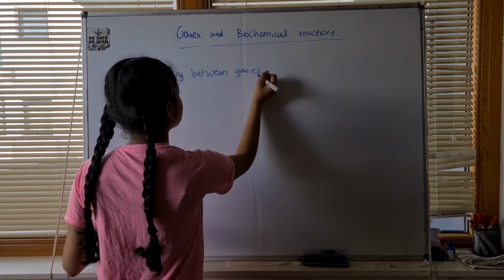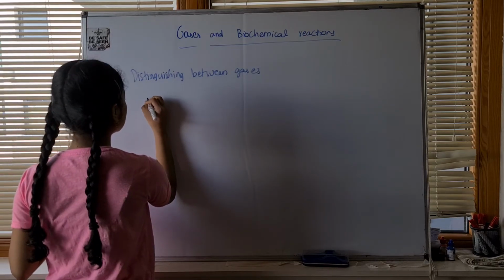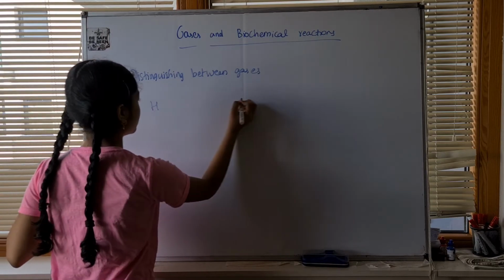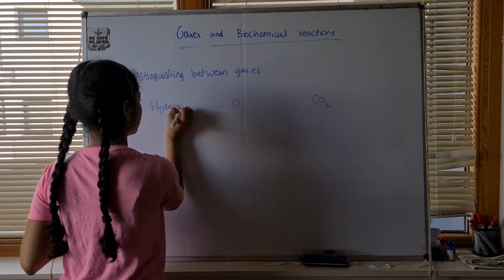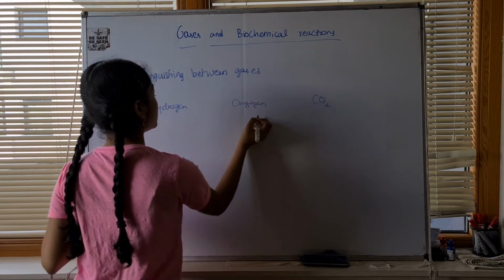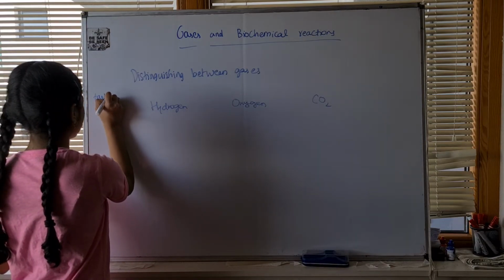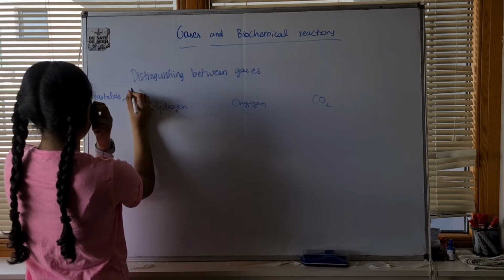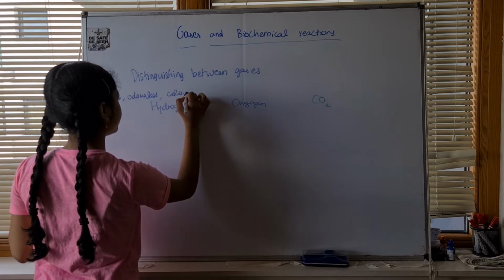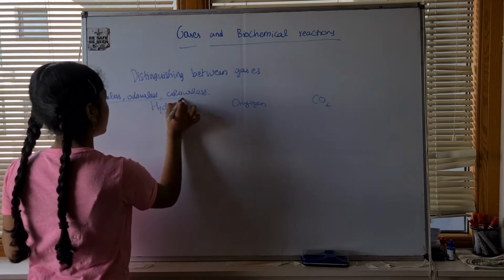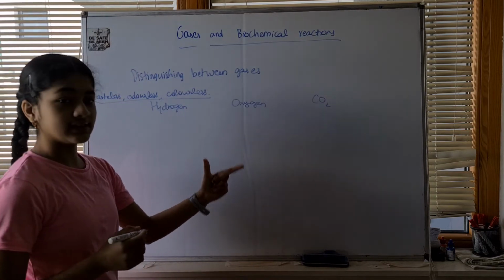We are only talking about three important gases here: hydrogen, oxygen, and carbon dioxide. We know that these three gases are tasteless, odorless, no smell, and colorless. So how to distinguish between these gases? We have different tests for these gases.